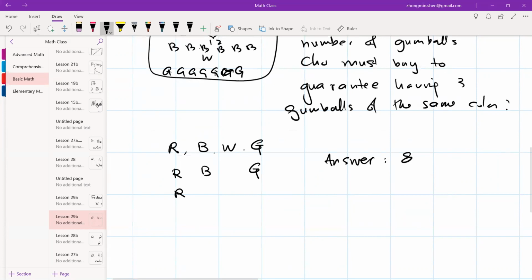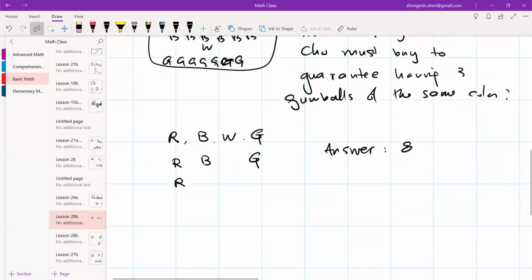Then the next one, whatever you buy, you're going to get 3 balls of the same color. Got it? So you just assume that you see all the balls there in all the colors, then you pick, and you try to select balls of different colors.